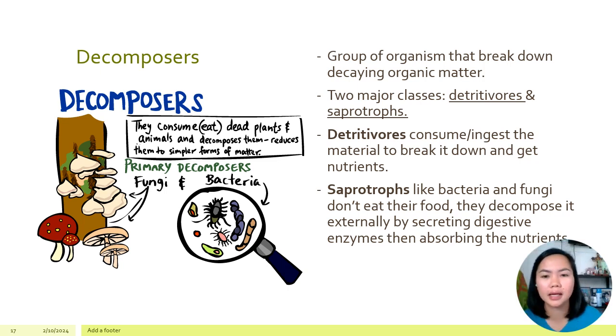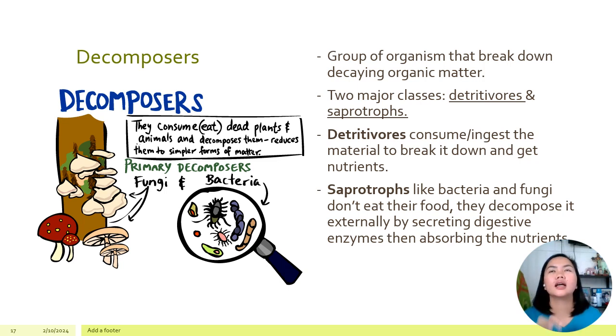Detritivores, on the other hand, consume, they ingest the materials to break them down and get the nutrients. So their decomposition is not external. It's internal. Say, for example, worms. The worms actually eat the dead organic matter, or say, for example, they eat dead leaves.